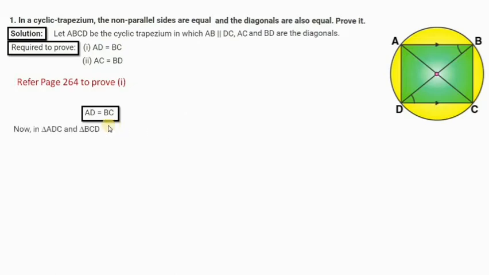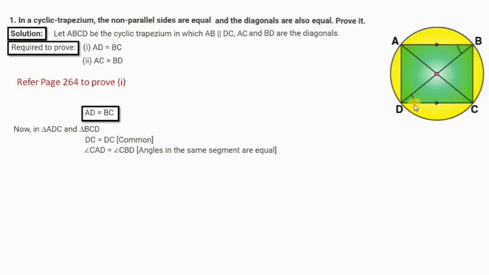So we have triangles ADC and BCD. We are talking about this triangle and this triangle. We have DC equals DC, so DC is common to both the triangles. Now CAD is equal to CBD.